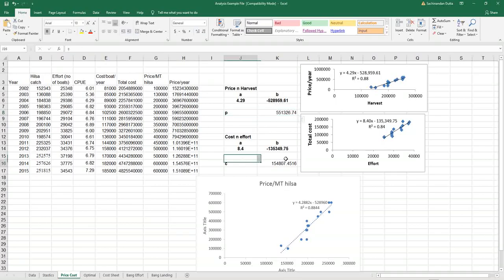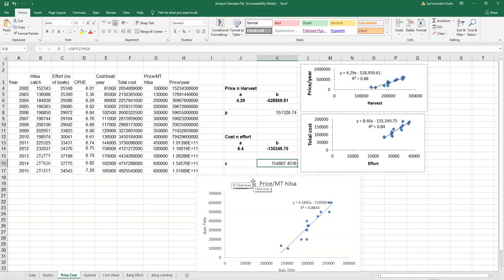And for your cost, the unit cost, you will get it with the same equation: your intercept into your last effort plus your slope. Okay, so then you will get your price and cost.